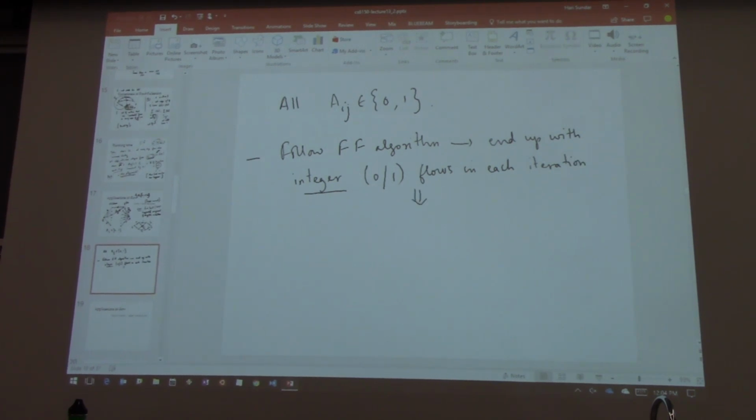Which means that the capacities in the residual graph are all integral throughout.